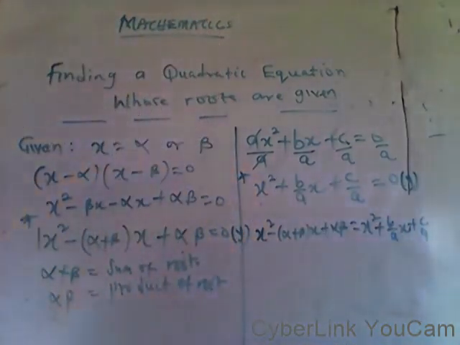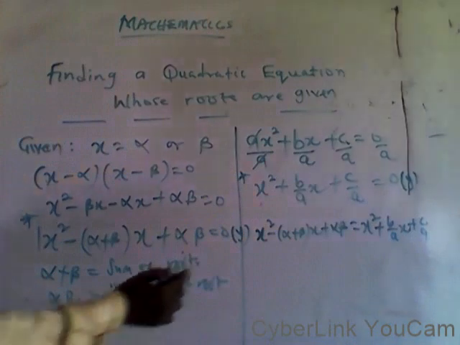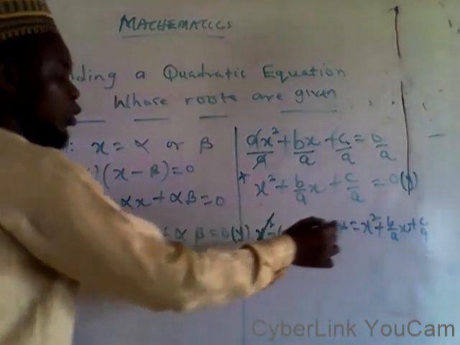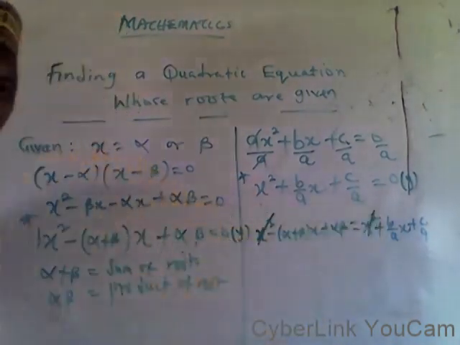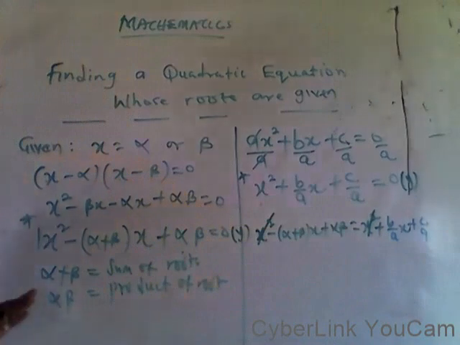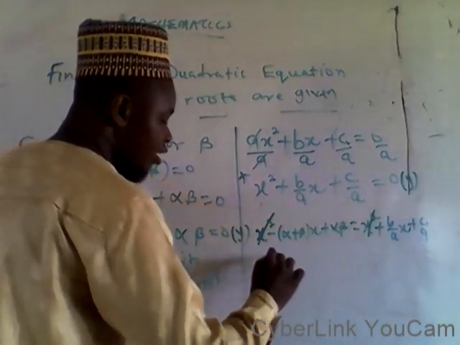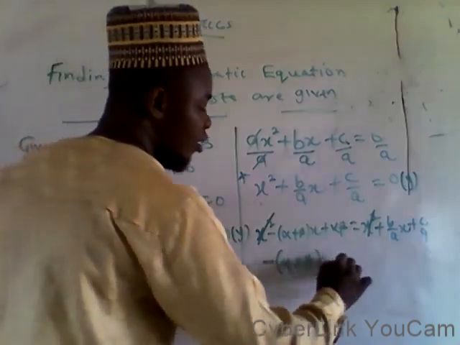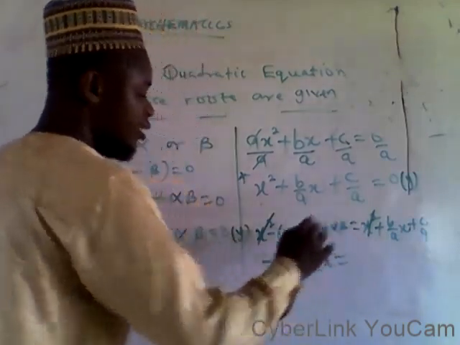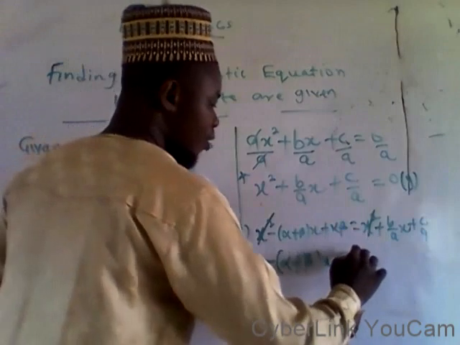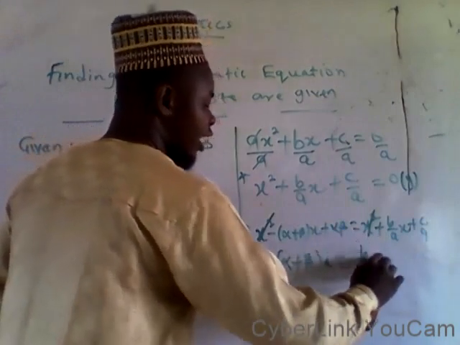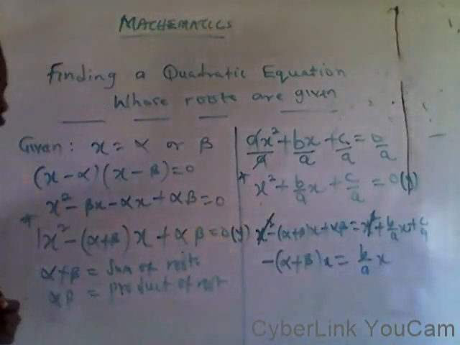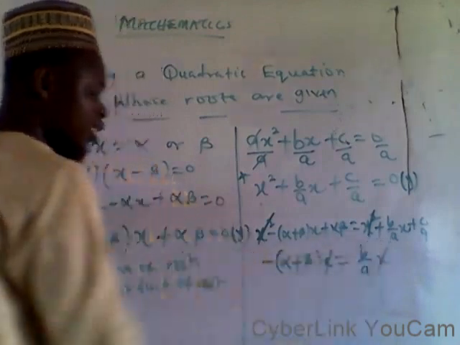So take it one after the other. This is x squared equal to x squared, so that one is gone. The second one, you have minus alpha plus beta, that one is x, equals b over a x. The x is gone.